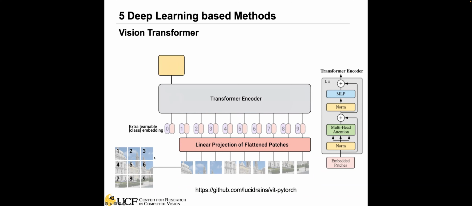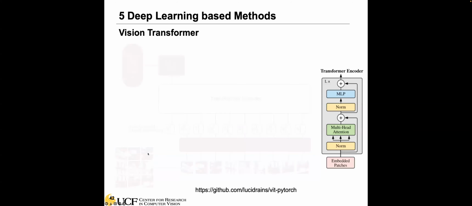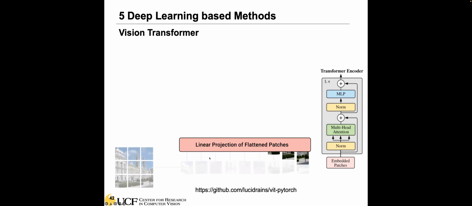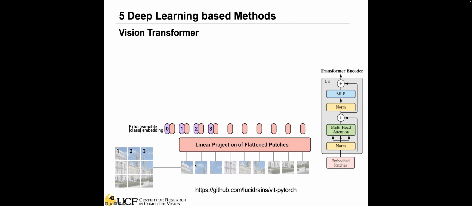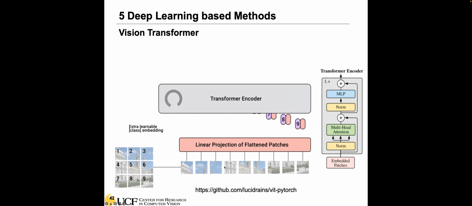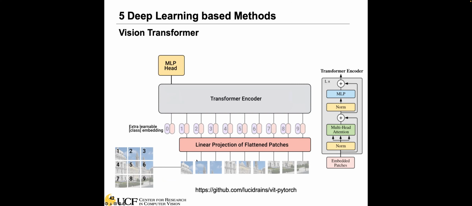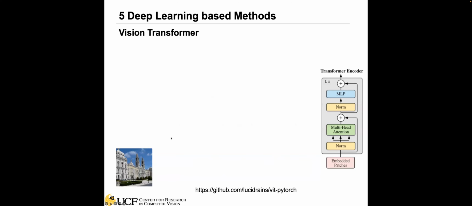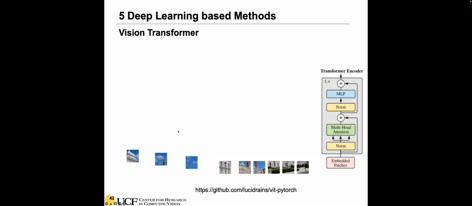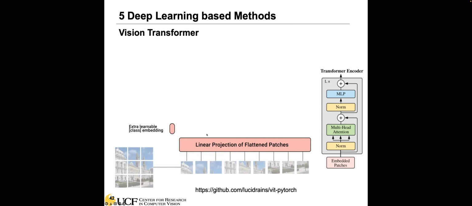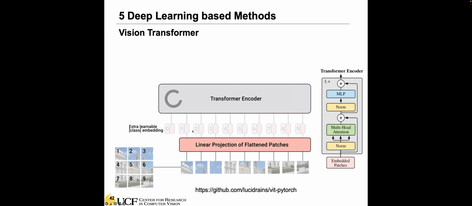Because when we divide the image into patches and put them as input, we kind of disorder the spatial correlation. But for image classification, the spatial relationship is very important. So we want to inject some knowledge to learn this spatial correlation. So we're using this learnable position embedding here.